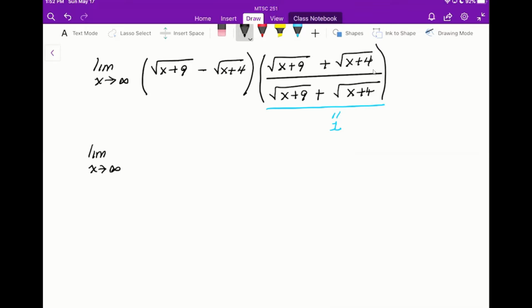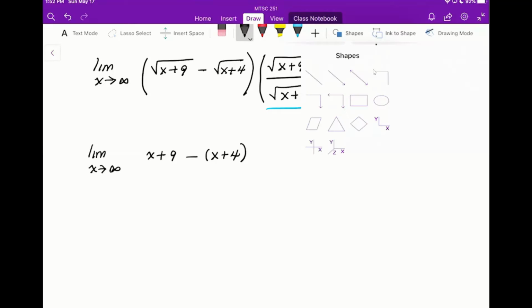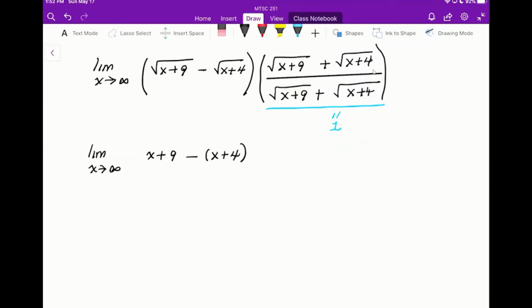So that's just going to give us x plus 9. And then we're going to get the square root of x plus 4 times the square root of x plus 4. So that's going to give us x plus 4. And then we also know that the middle terms are going to add and subtract each other to give us a 0.